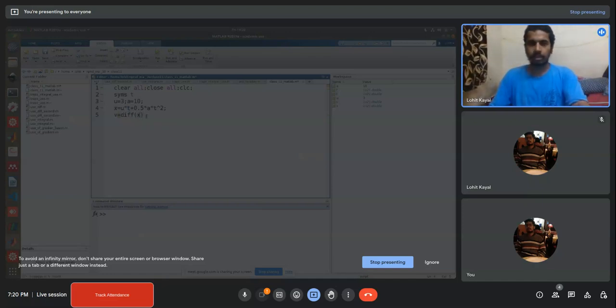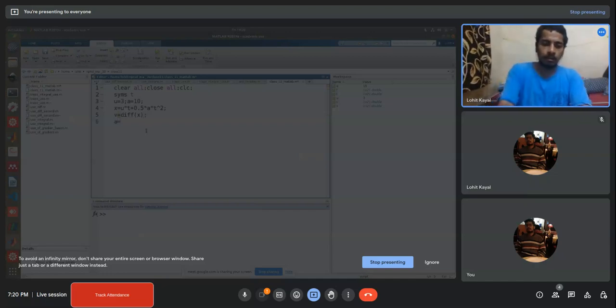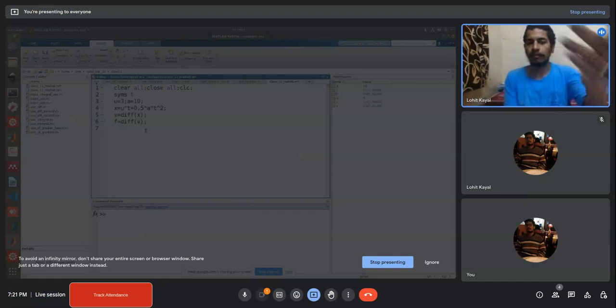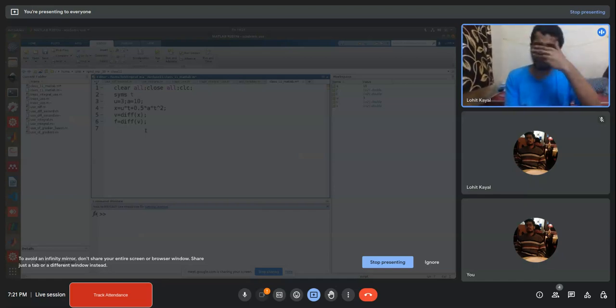You don't need to mention it. And the acceleration, let me write it as f, equal to diff of v. So this v is the derivative with respect to t of x, and f is the acceleration, that is dv dt.